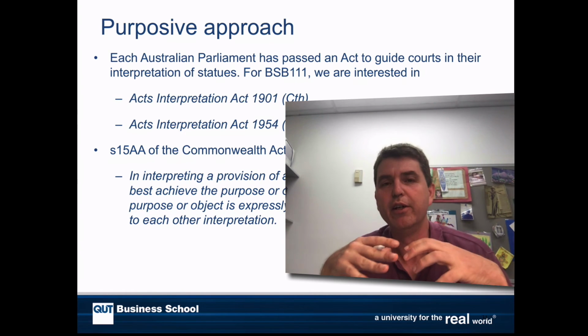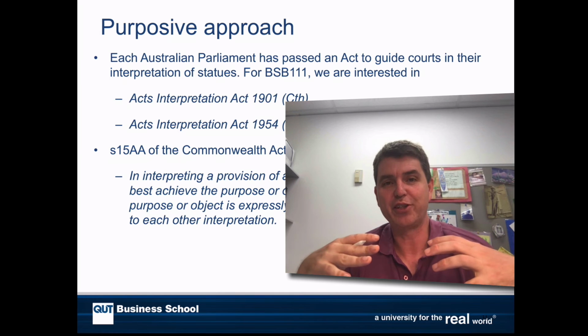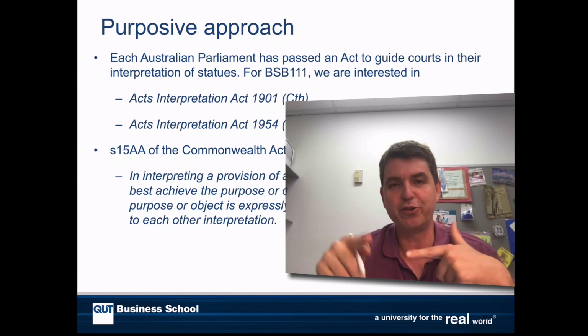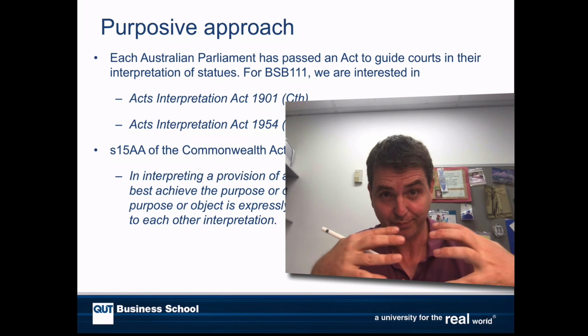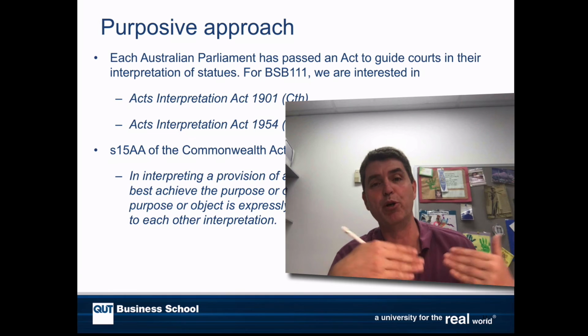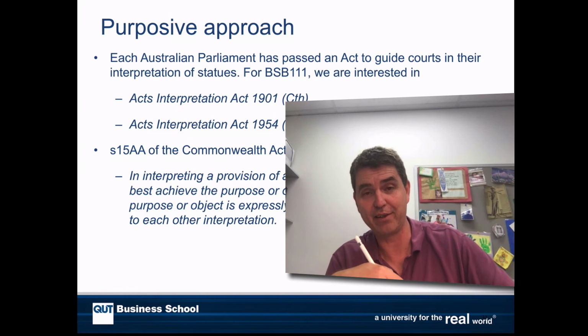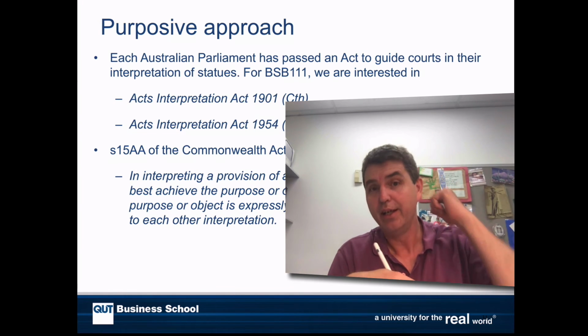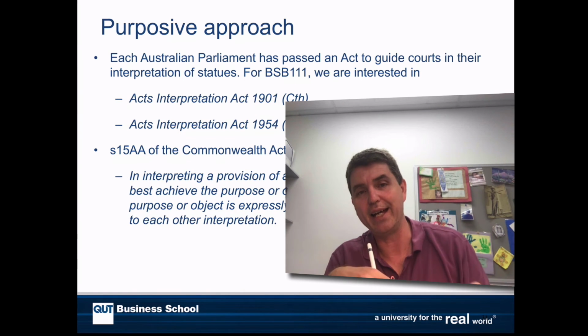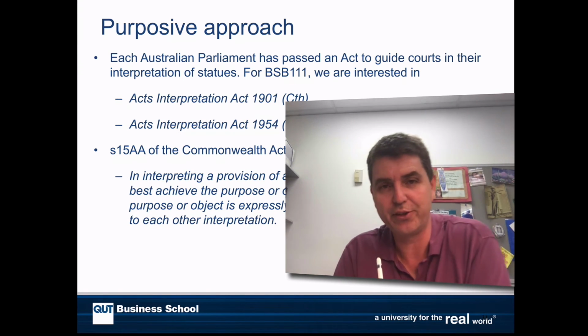So what that did was it was a piece of legislation, which of course means judges have to use it, that told judges how to interpret unclear legislation. And it said you should look at the purpose of the act that you're trying to interpret. In fact, let's have a look at what Section 15AA of the Commonwealth legislation says.